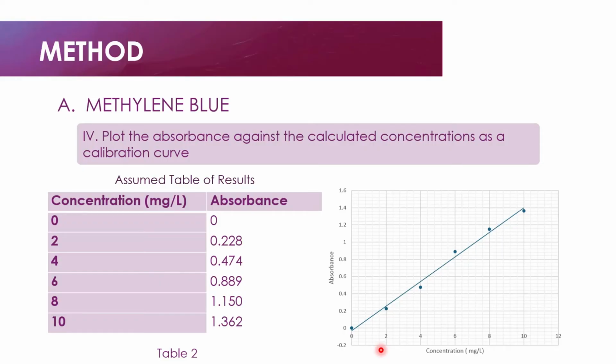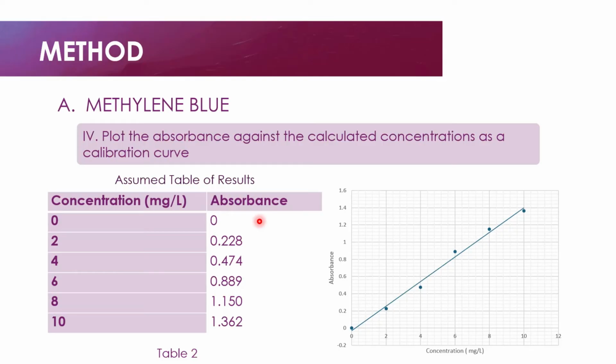So now, when we are done with that, we then plot the absorbance values obtained against the calculated concentrations as a calibration curve. So this is just an assumed table of results. This happens to be the calculated concentration that we just did. So the first, second, third, fourth, fifth, and sixth test tubes with the concentrations over here in milligrams per liter, and this happens to be the absorbance values.